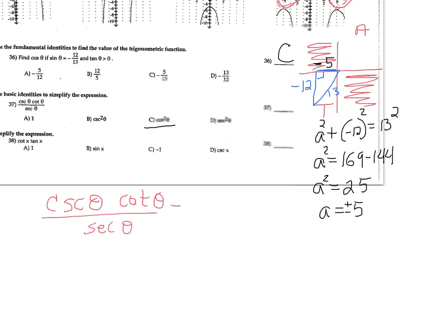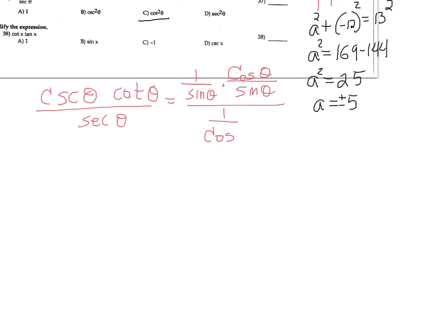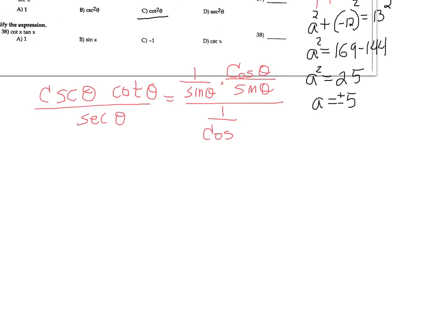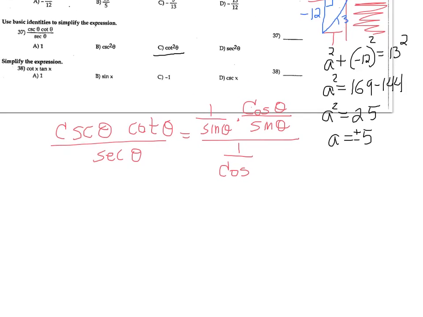Okay. So let's rewrite it. What did you put for cosecant? 1 over sine. And for cotangent? Cosine over sine is right. So cosine over sine. And on the bottom, secant is just 1 over cosine. So at the top, when you simplify that, let me bring it down a little more, like that.